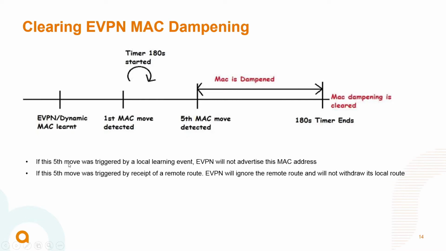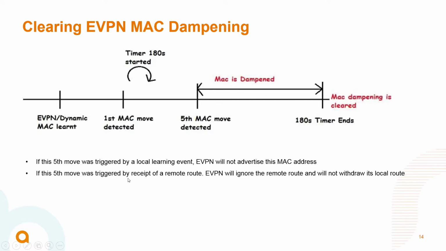Now, if this fifth move is detected by a local learning event, which means that this device had an EVPN MAC and learned a dynamic MAC, and the fifth move was triggered, then EVPN will not advertise this MAC address. It will dampen the MAC. After 180 seconds, the MAC dampening is cleared. It will then advertise the MAC out, generating a type 2 route.